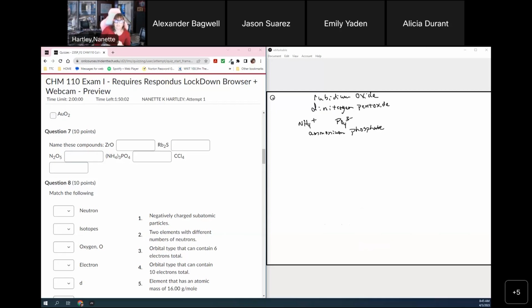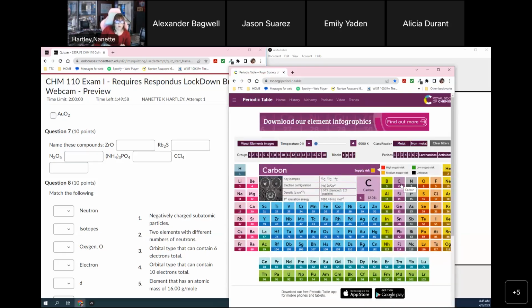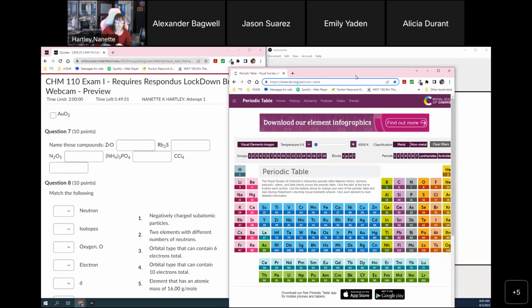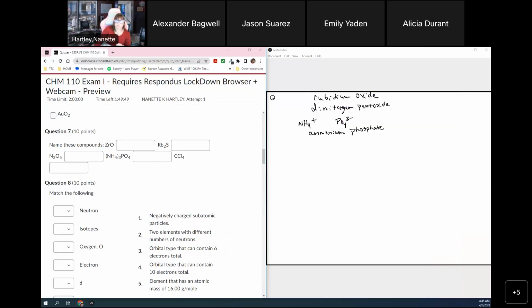Now, when we talk about CCl4, I have carbon and I have chlorine. Both of those are non-metals. So I'm looking at different rules there. When I look at those different rules for carbon and chlorine, I know I'm going to need the name of the carbon. There's one of them, so I don't need to put the mono in front of the carbon.